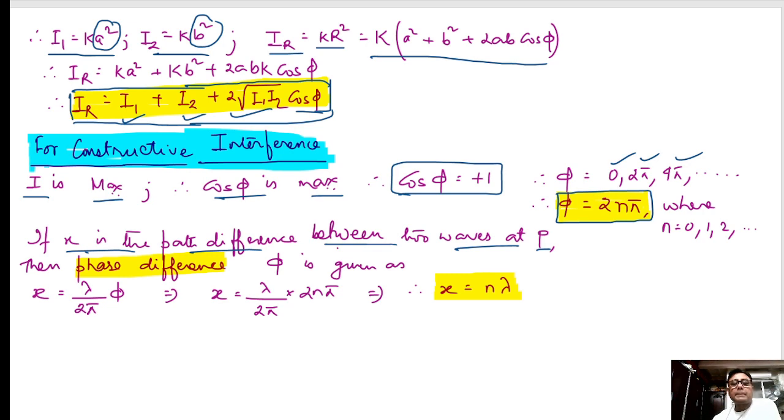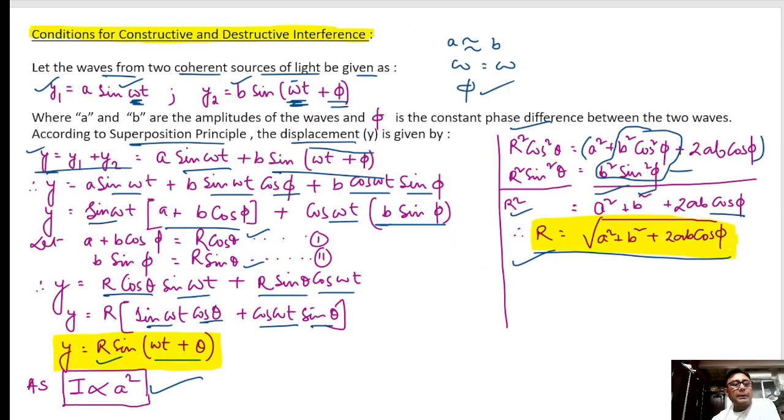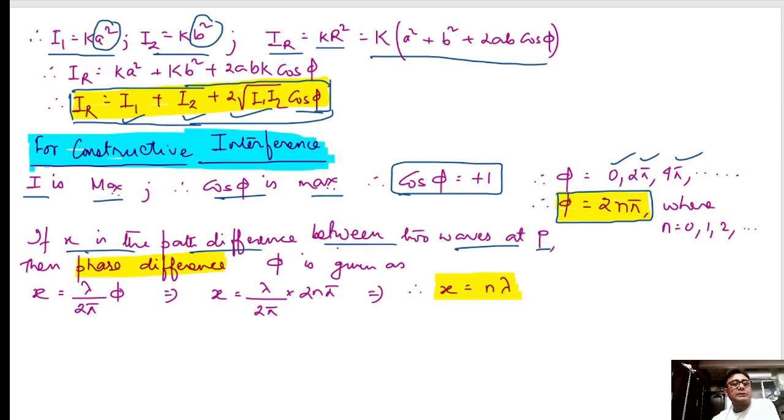So let's see here. As I have shown you, for constructive interference, between the two waves, if x is the path difference, then the phase difference phi is given by this. Please note that formula, this is the relation between path difference and phase difference. Very important.